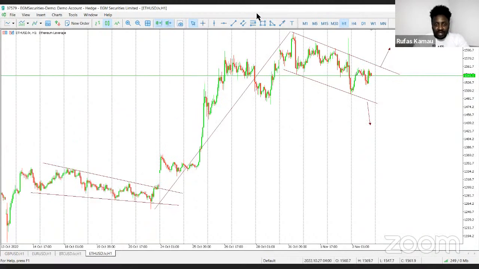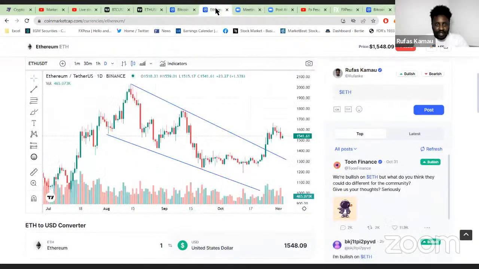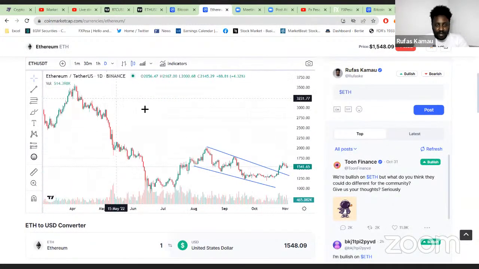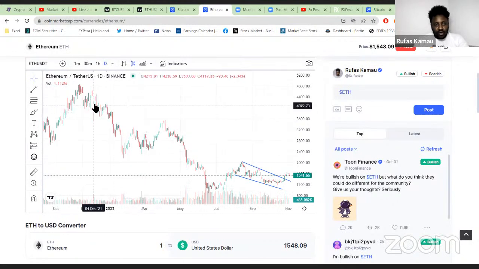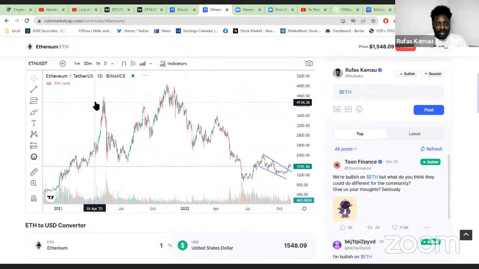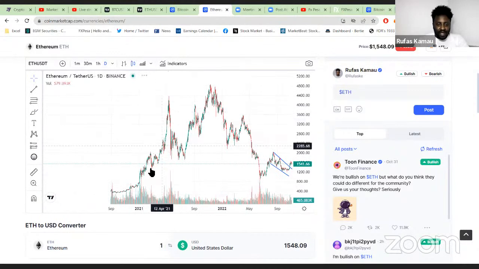So if you look at the Ethereum chart right here, I'll be doing this right away. So this is a chart of Ethereum. Notice the flag breakout to the upper side, indicating a potential bullish momentum. If I zoom out on this chart, you notice that Ethereum has been relatively bearish for the better part of the year.